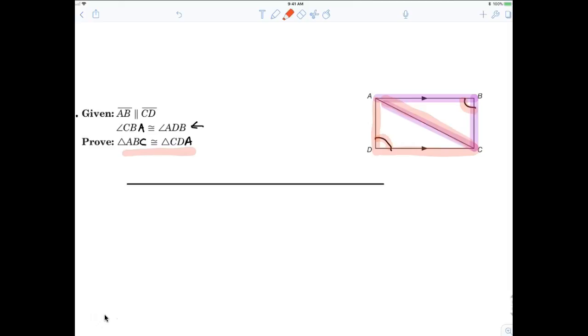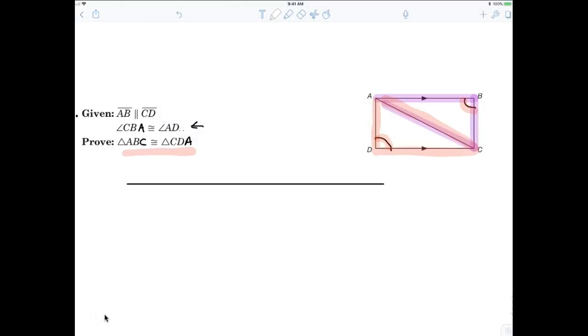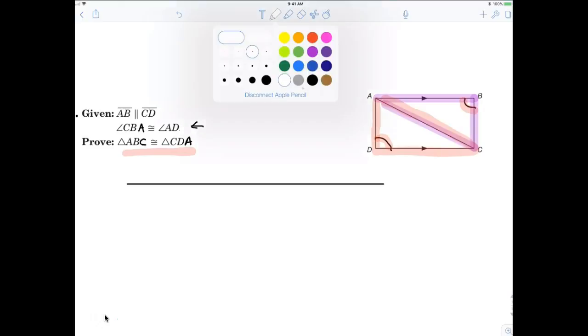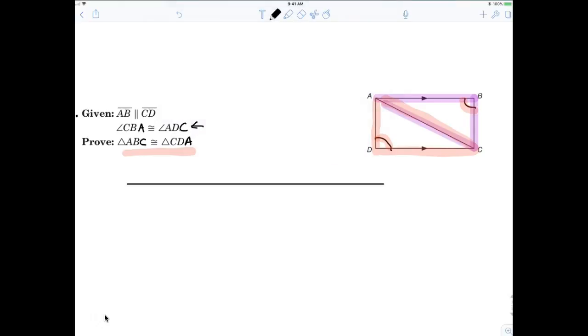What do you want it to say? Yeah, that's it, but it doesn't say that in the given. What it says is angle CBA is congruent to angle ADC. That's what it's supposed to say. Yes, thank you. That's correct.